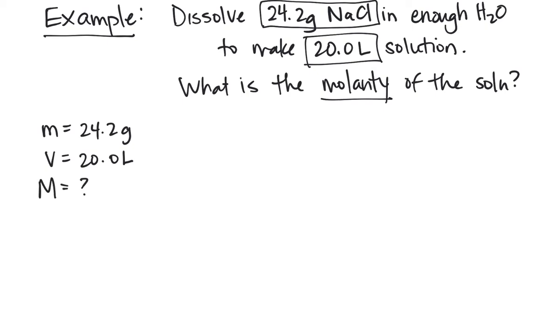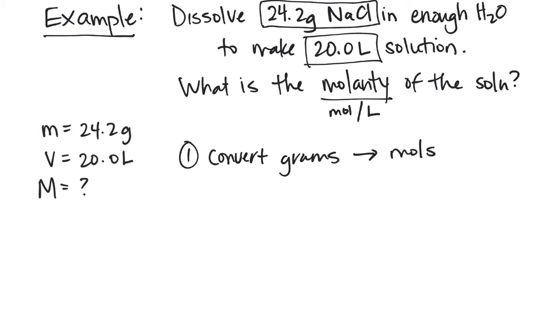Okay, so we know that molarity is measured in moles per liter, and we have grams. So we know that first we are going to have to convert grams to moles so that we're in the right unit. And to do that, we are going to divide by the molar mass of sodium chloride.